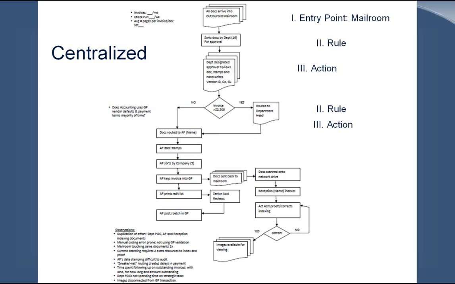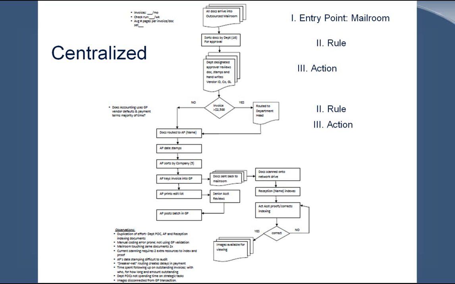So if we look at those documents arriving in a mailroom, the first question to ask is, can documents be captured in the mailroom, rather than moving to this first and second step where they're sorted and then they're routed, in this case, to 16 different departments? So you want to identify where they're arriving, and in this case, the rule is based on department.